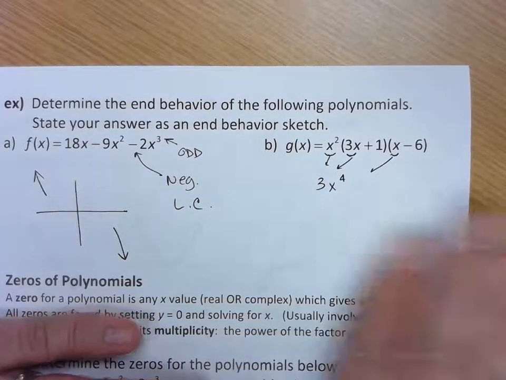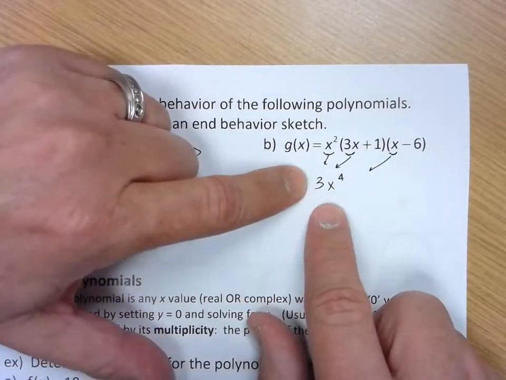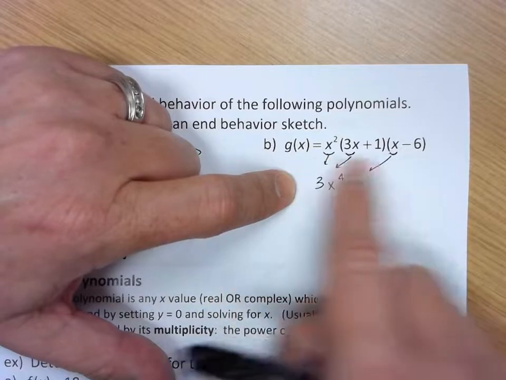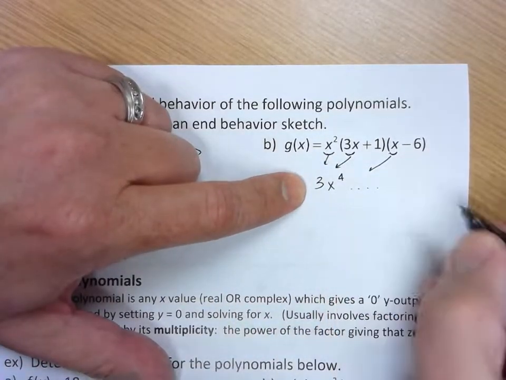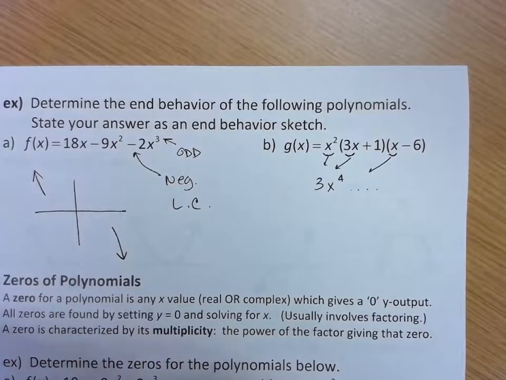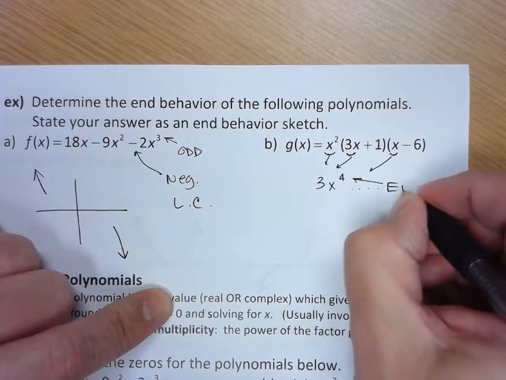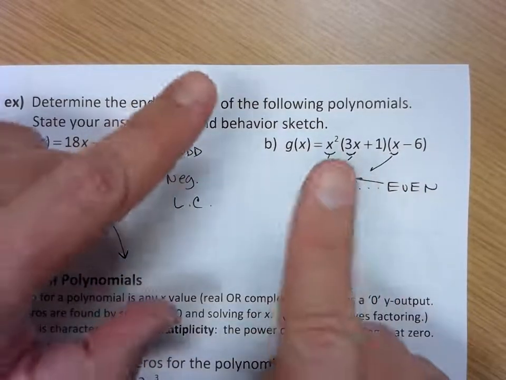So you don't even need to know the lower terms because the leading coefficient test only applies to the highest power of x and its coefficient. So if this were all FOILed out, your first term would be this. Now you'd have a few other terms, but those aren't what we're focusing on right now. So notice you have an even degree that guarantees that the ends are either going to go both up or both down.